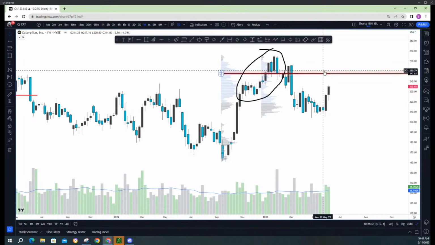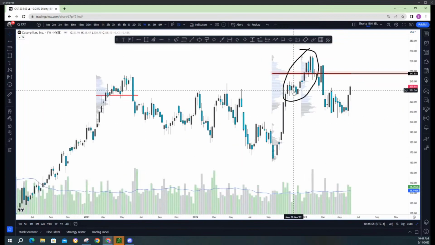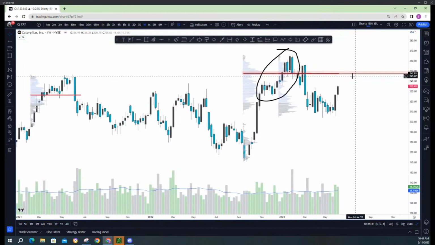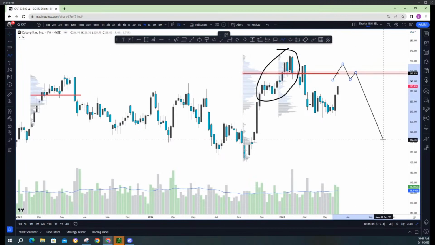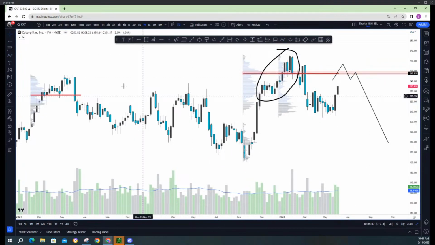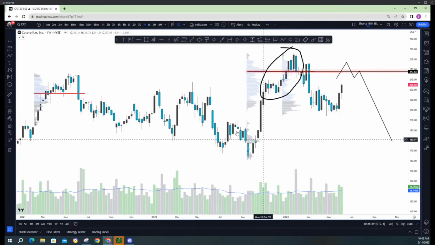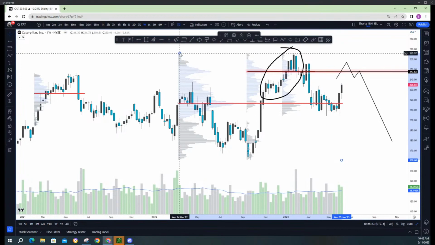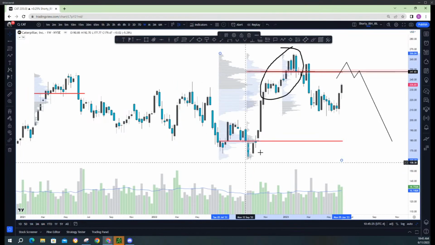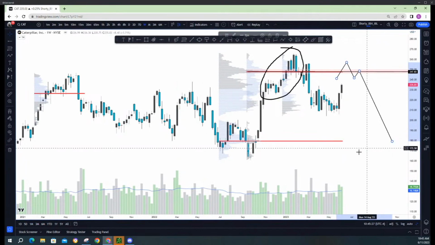I'm pretty confident this one's not going to pop over 250. But if it does, it's our typical A-plus setup, and you're targeting this zone here. It would be somewhere right there.